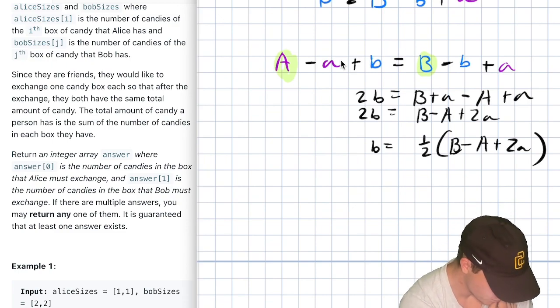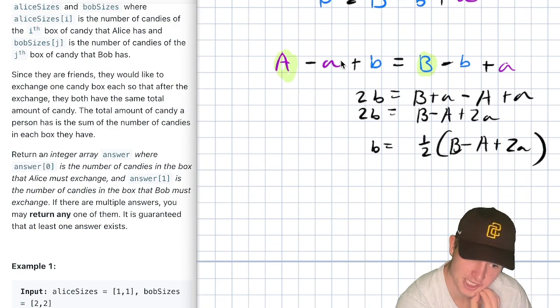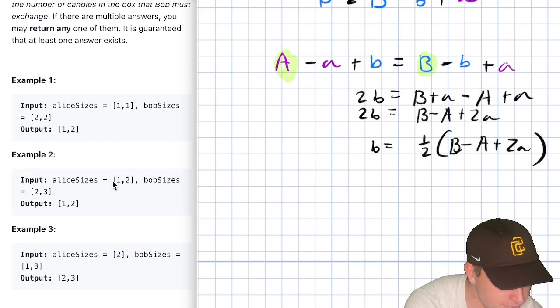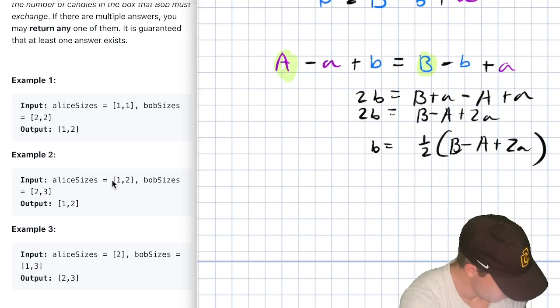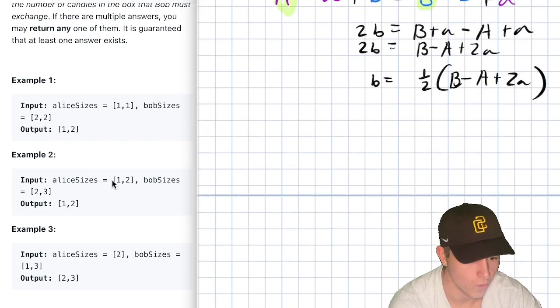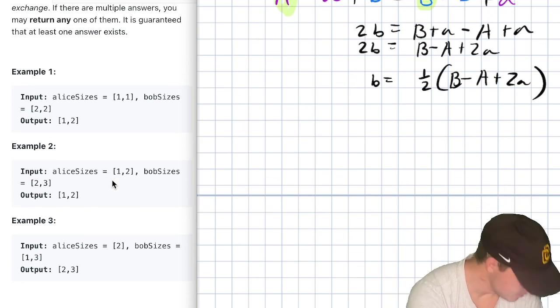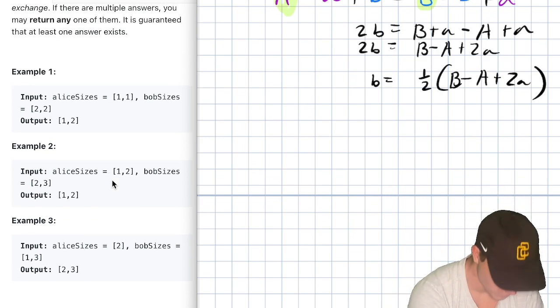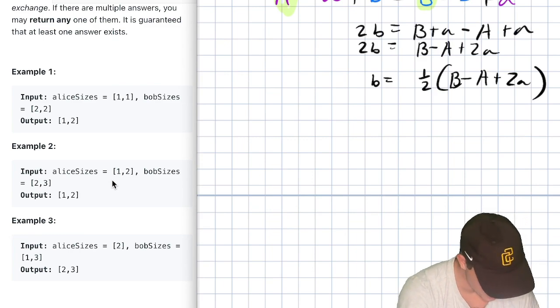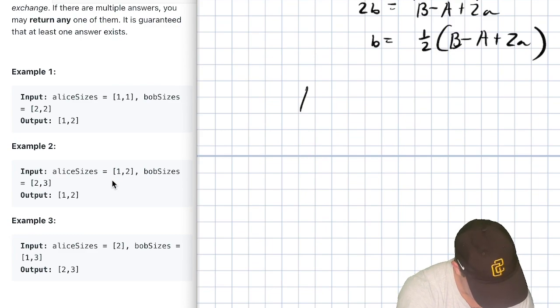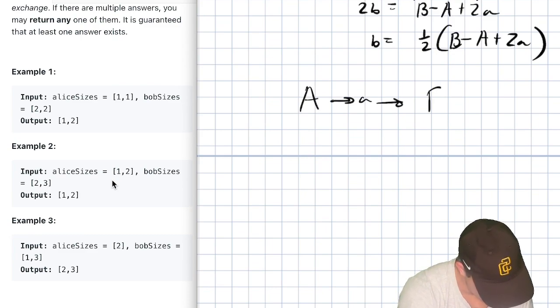Okay, so how this is going to work essentially is, let's look at this example. 1, 2, 2, 3. All these examples stink. So what Alice is basically going to do is give an A to Bob.